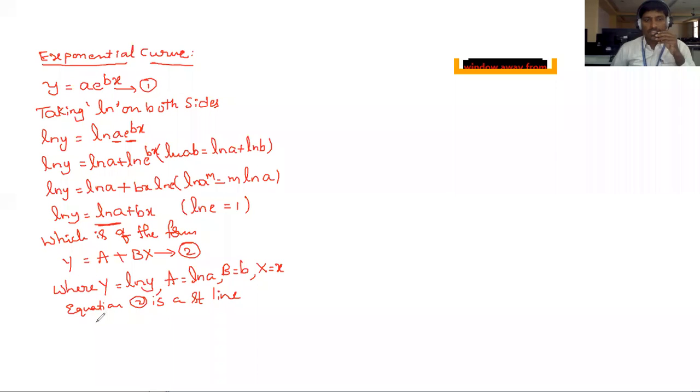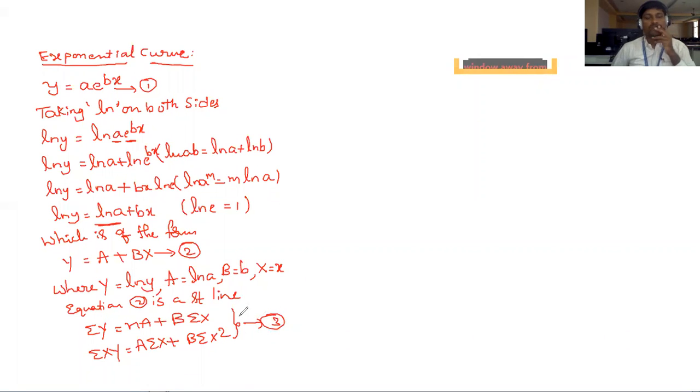This is a straight line, so how do we write the normal equations? Summation y is equal to na plus b summation x, and summation xy is equal to a summation x plus b summation x square. Let it be taken as equation 3. Okay.